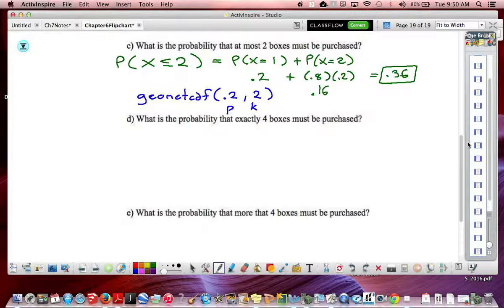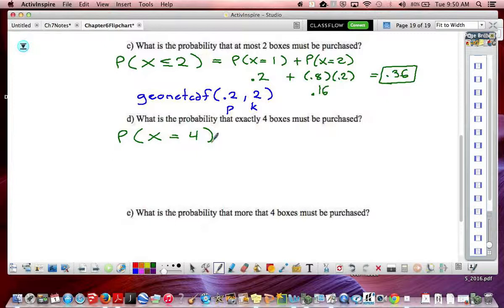Okay. D says, what is the probability that exactly 4 boxes must be purchased? So, in this case, I'm looking at x equal to 4.